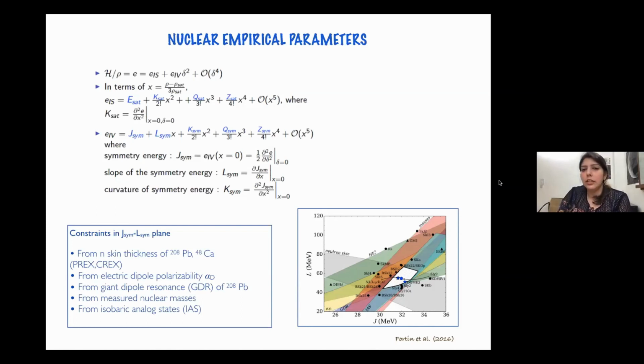They are the strange scalar meson sigma star and the strange vector meson phi. When you determine them, you need to fit them to certain SU(6), so certain quark model properties, or to the scarce hypernuclear potential depths. The problem is that the experimental results are so scarce that they give us hints of whether they are just repulsive or attractive, but there is a large uncertainty in these potential depths, and therefore also in the couplings.